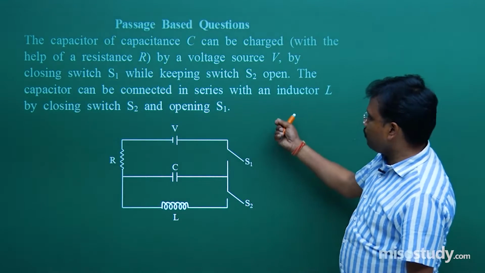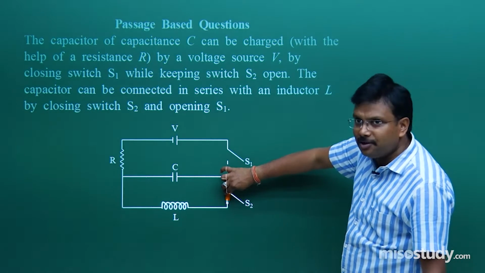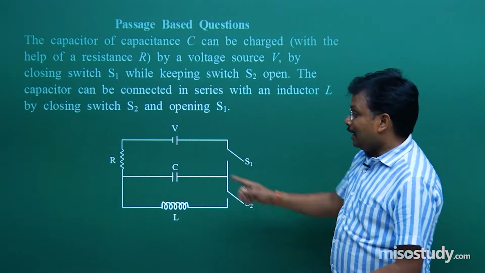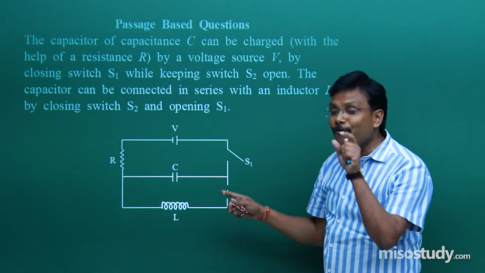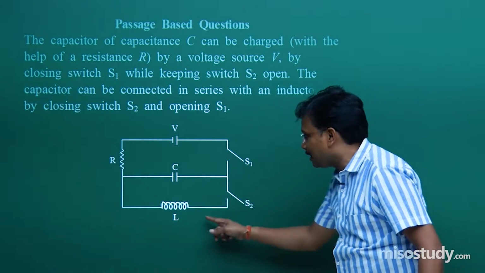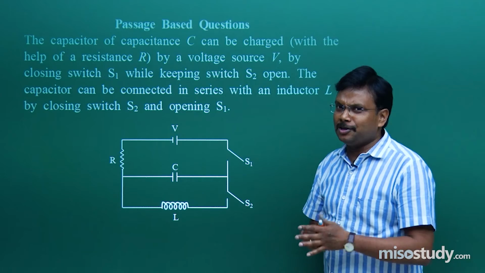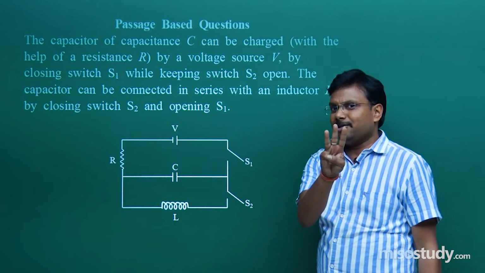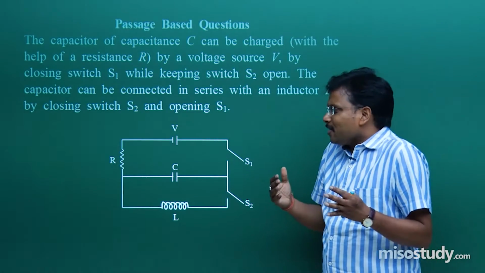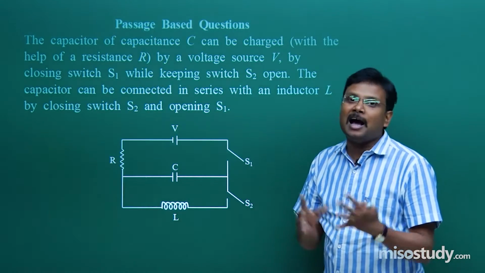If I remove it and then put S2 like this, then due to the charging of this capacitor, flow of energy will start in this coil. And if I close both, the situation will be different. So basically there are 3 possibilities, and on the basis of that I picked these 3 types of questions, 6, 7, 8.